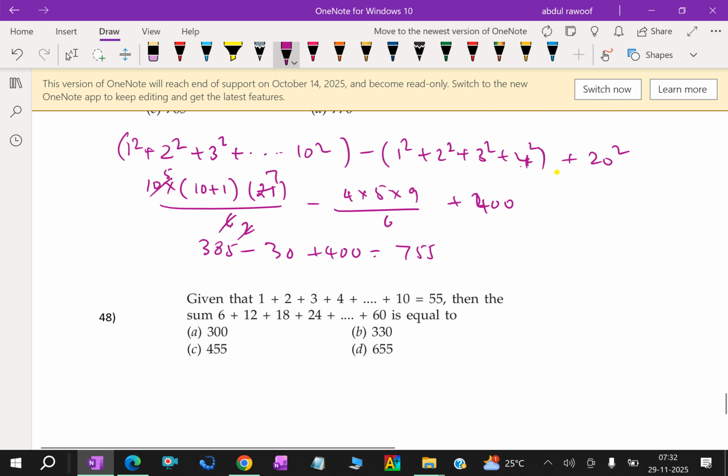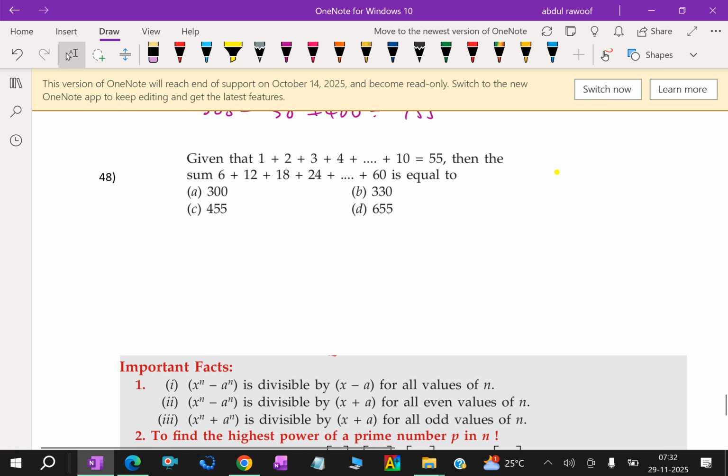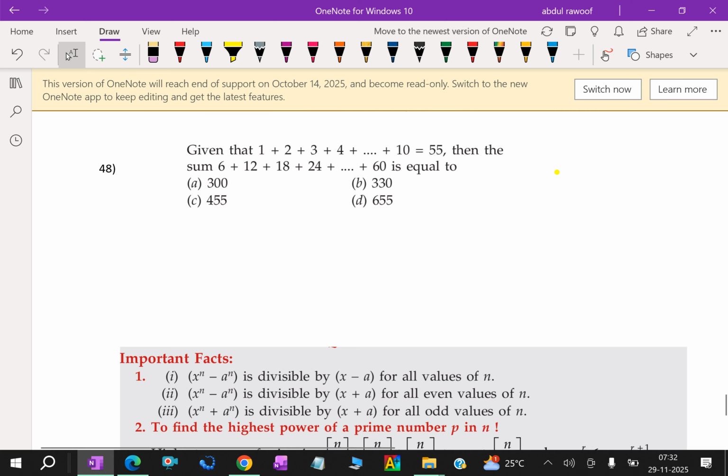Now the next one, 1 plus 2 plus 3 plus 4 up to 10 is 55. You know that. Here we start with 6 plus 12 plus 18 plus 24 up to 60. So take 6 out.